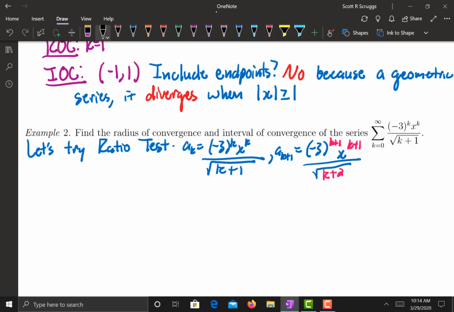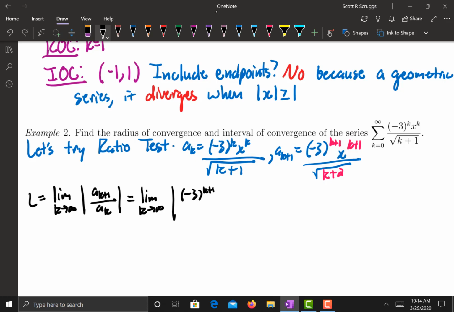Alright, and let's figure out our L. Recall that for the ratio test, it is the limit as k goes to infinity of the absolute value of a of k plus 1 over a of k, which equals, after plugging everything in, a of k plus 1, which is negative 3 to the k plus 1 power times x to the k plus 1 over the square root of k plus 2, times the reciprocal of a of k, which is the square root of k plus 1 divided by negative 3 to the kth power x to the kth.